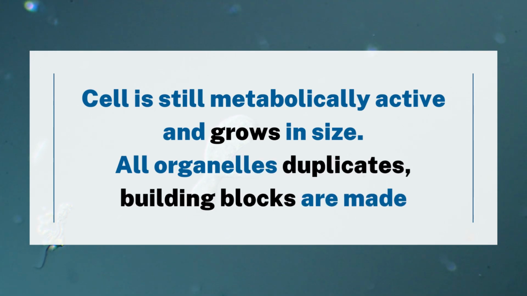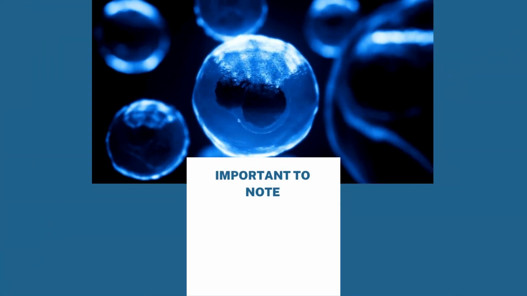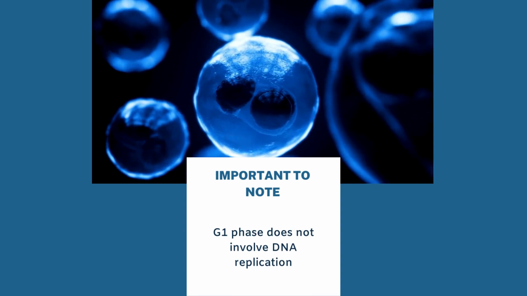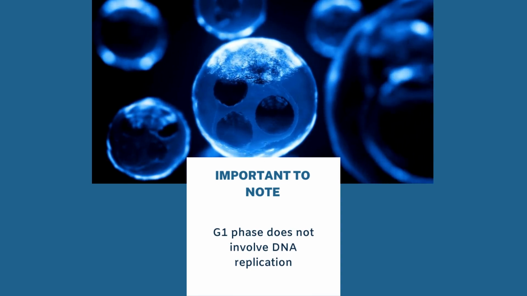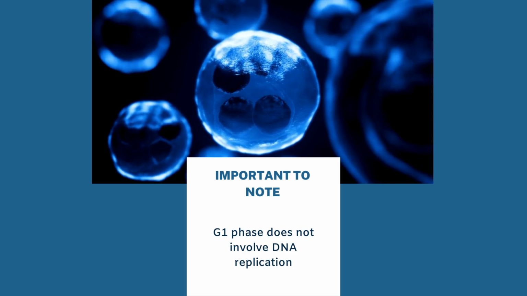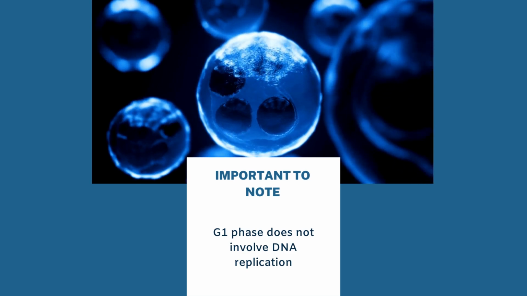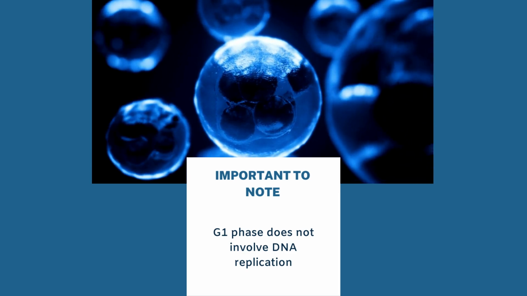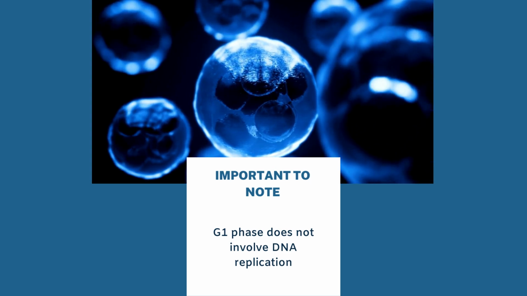All the organelles duplicate, and the building blocks that will be required in later stages are made. It's important to note that the G1 phase does not involve DNA replication. So, as the cell prepares for the following stages, it's growing, duplicating its organelles, and stockpiling materials for the future.